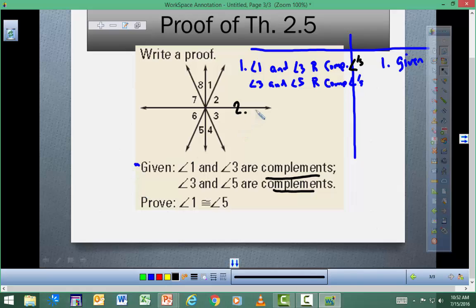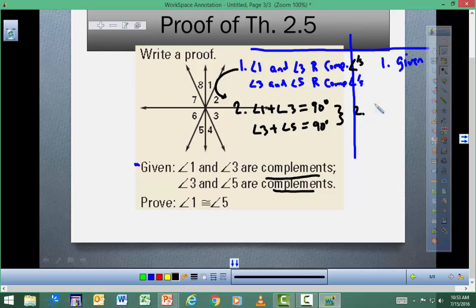So this statement becomes angle 1 plus angle 3 is equal to 90 degrees. And at the same time, angle 3 plus angle 5 is equal to 90 degrees. And both of those are the same reason.